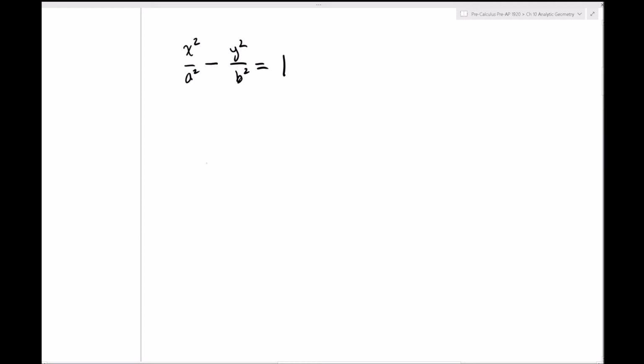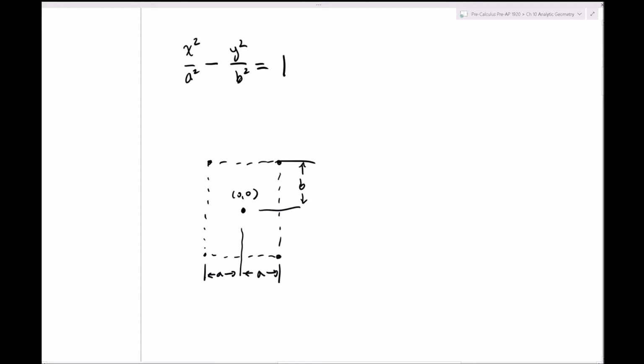So we're drawing a box centered at the origin, so 0, 0. And from here to here, this is A. Also from here to here, this is A. From here to, let's say, up here, that's B. And then from here to the center again, it's B.